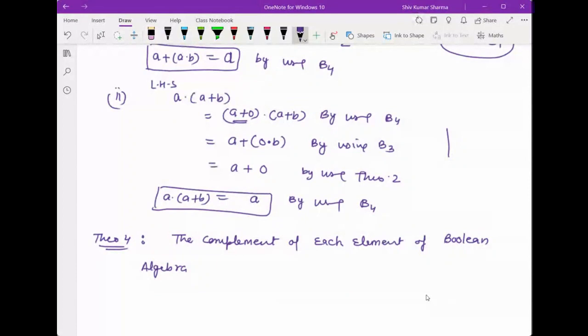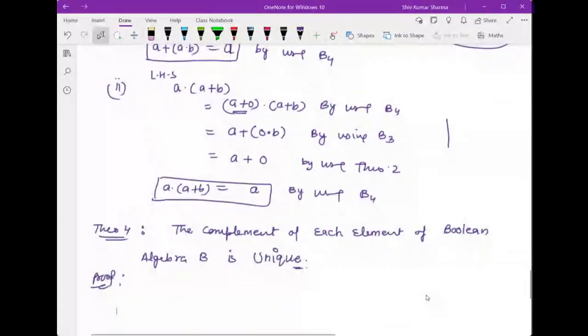So for proving this theorem, we take a contradiction. That means we take one element and assume that it has 2 complements. Then we shall prove that both complements are equal. If both complements are equal, we can say that the complement is unique.